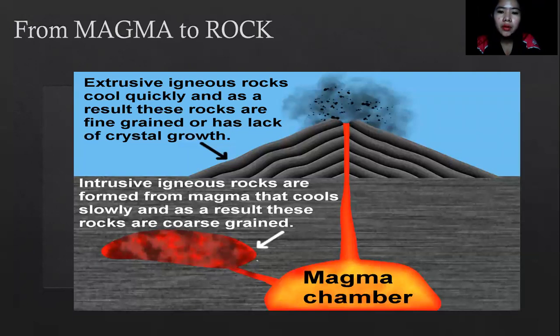So from magma to rock, if the magma kanang dili na kayo consistent or constant ang heat and pressure nga naa sa sulod sa earth or sa lithosphere, ang result is mahimo siyang rock. So ginatawag nato na intrusive igneous rock. So it results to coarse grain type of rock.